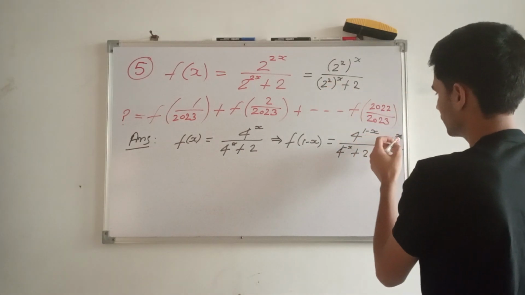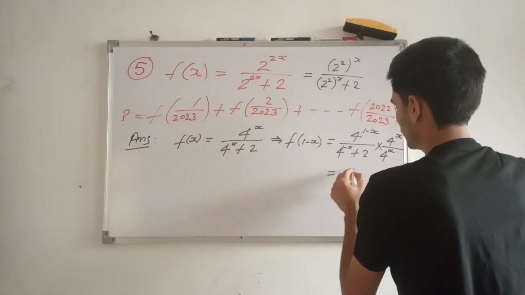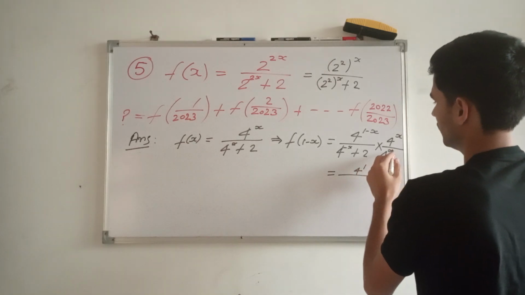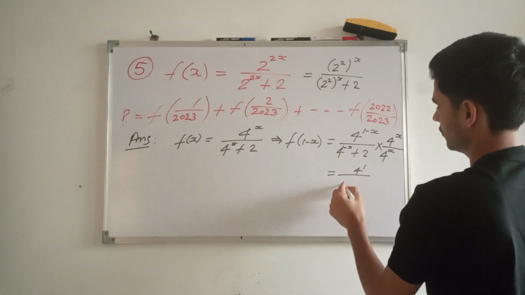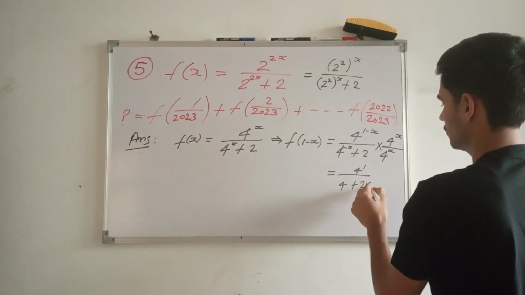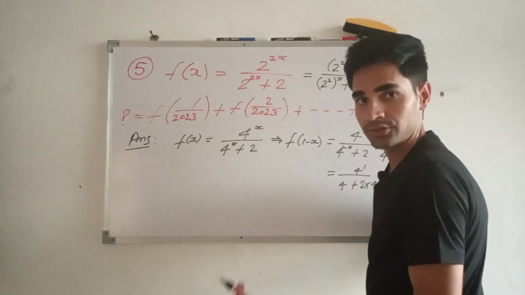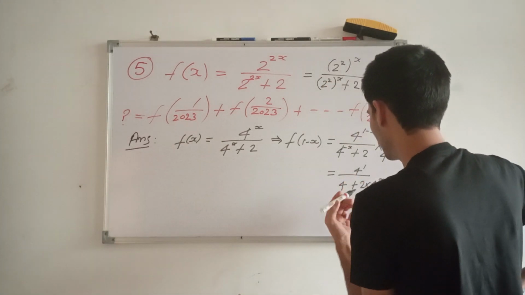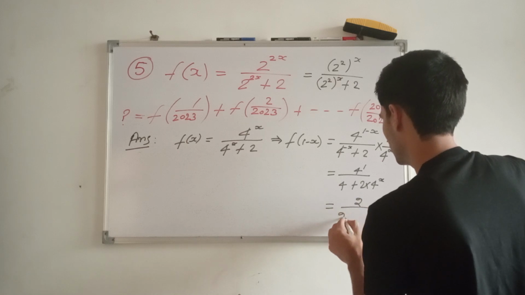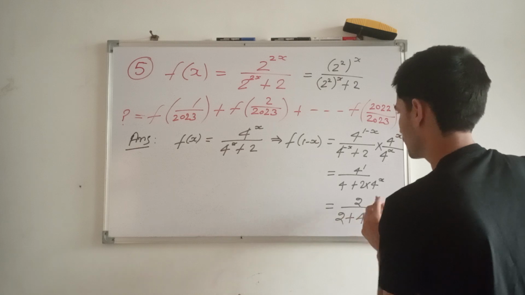So 1 minus x plus x will cancel out. We will be left with 4 to the power 1. What will be here? The same 4 comes, plus here will be 2 into 4 to the power x. Now take 2 common in both numerator and denominator and cancel out. We will get 2 upon 2 plus 4 to the power x.